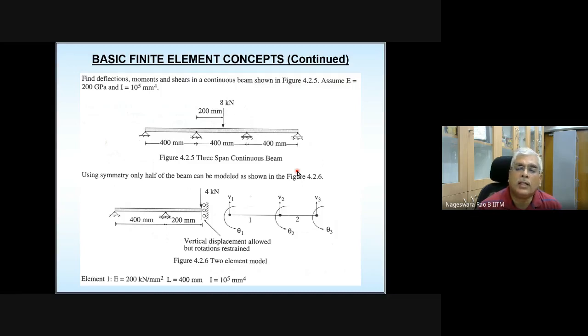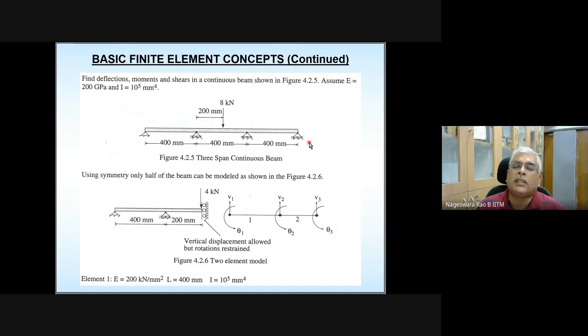So V1, V2, V4, V5 are 0, and the rest of the quantities, all thetas at all nodes, can be calculated, and the transverse displacement at the mid node can be calculated.